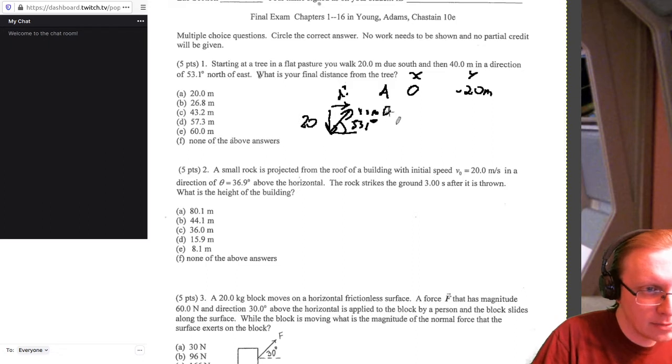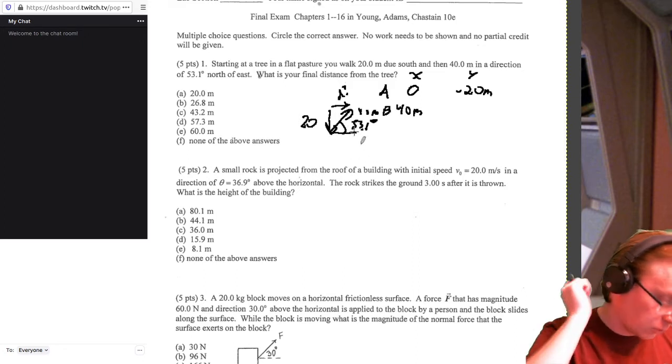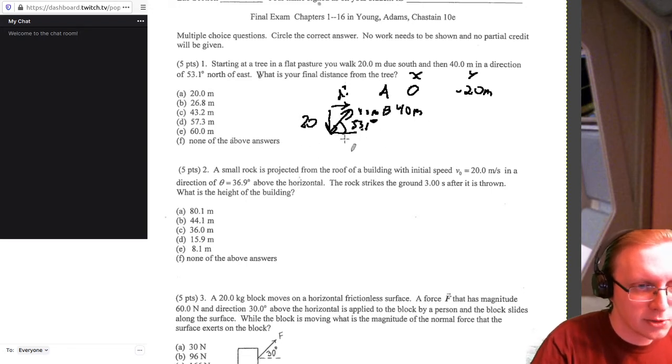And then B, we are going to go east 40 meters at 53.1 degrees, which is a 3, 4, 5 triangle. So x is the short one, 3/5, 3 over 5 times 40 meters, and y is the long one, 4 over 5.